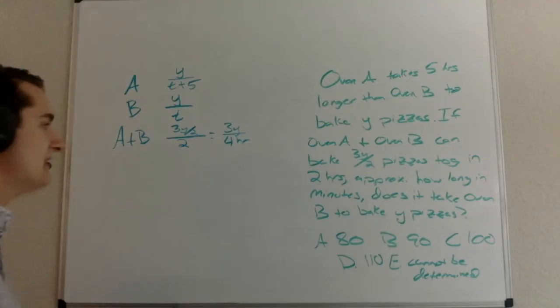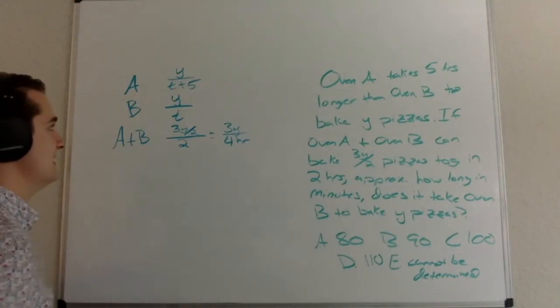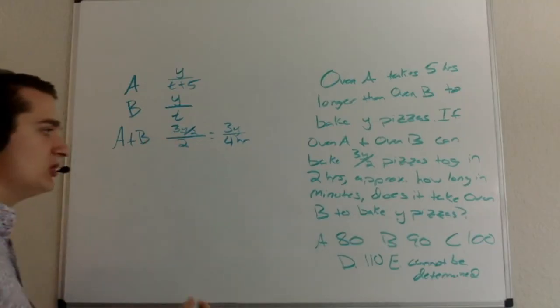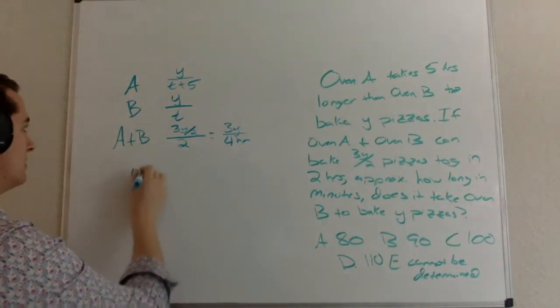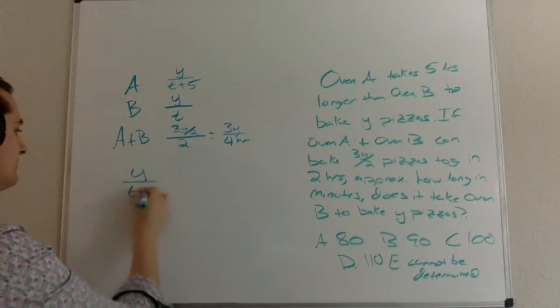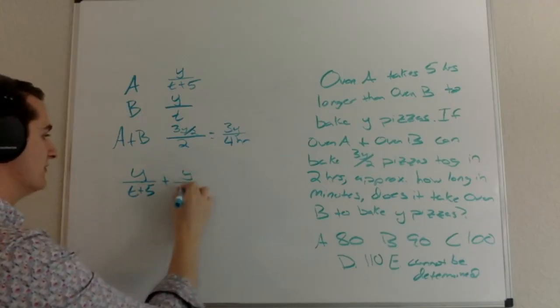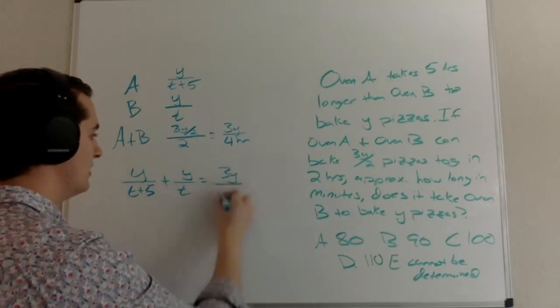What I know here is that I've got a rate for A and B together, a rate for A, and a rate for B. What I should be able to say is that A, which is Y over T plus 5, plus the rate of B, which is Y over T, should be equal to 3Y over 4.